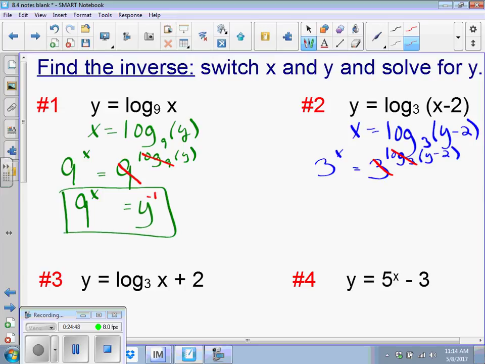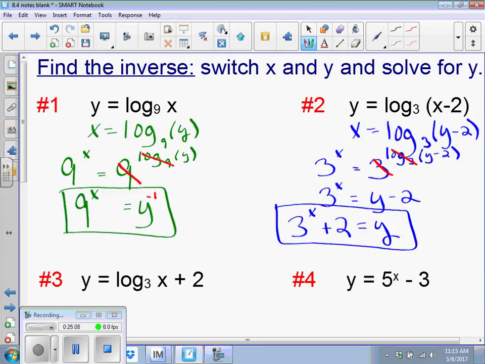So that leaves me with 3 to the x equals y minus 2. What do we do? Add 2 to both sides. We need y by itself. So 3 to the x plus 2 equals y. That is the inverse function.